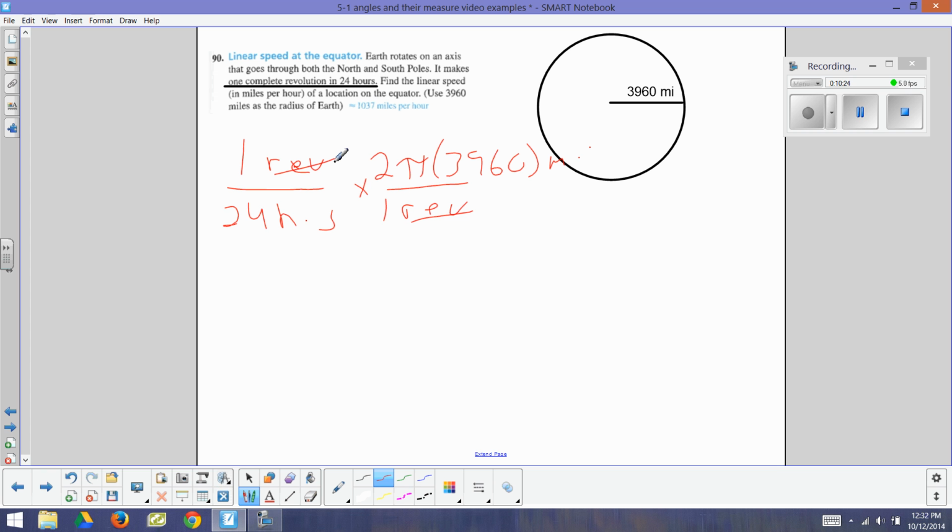So pick up your calculator and put in 2 pi times 3,960 divided by 24, and you will get about 1,036.73 miles per hour.